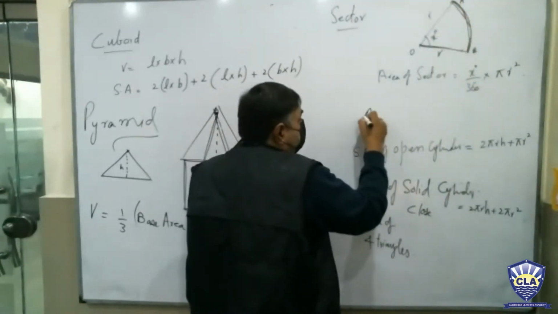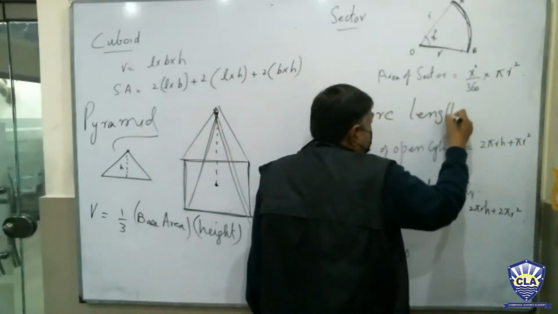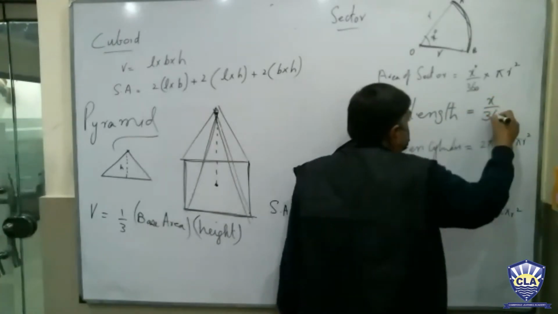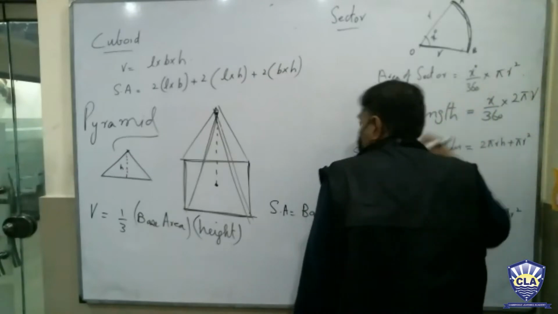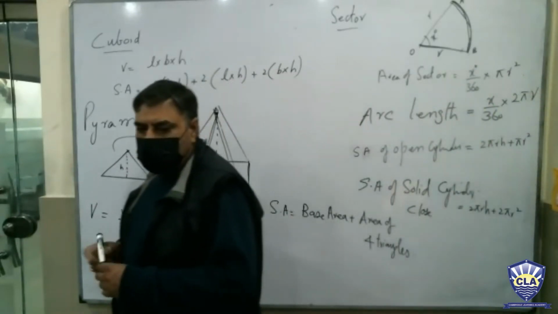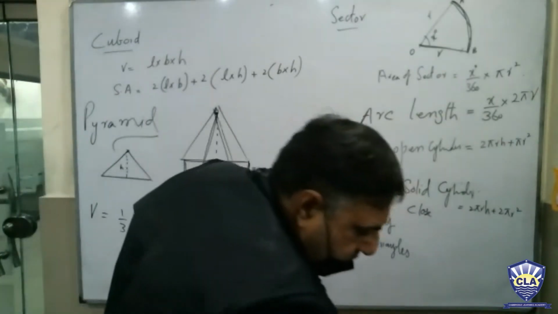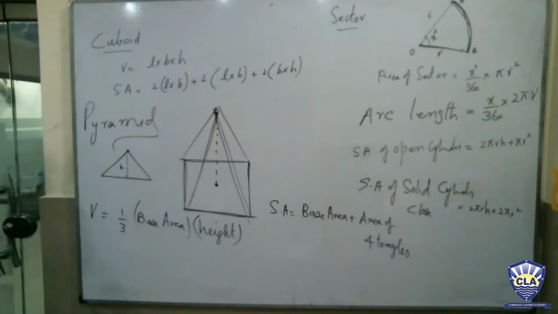Length of arc equals x over 360 into 2 pi r. Area of sector and length of arc.